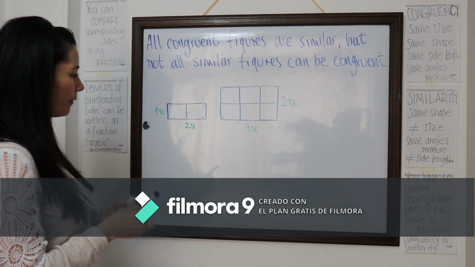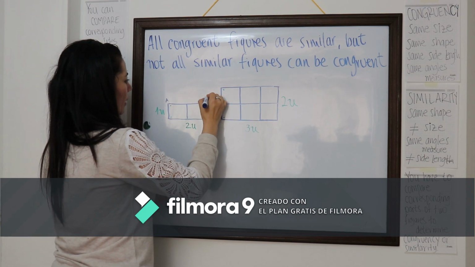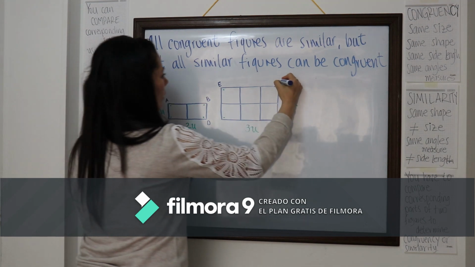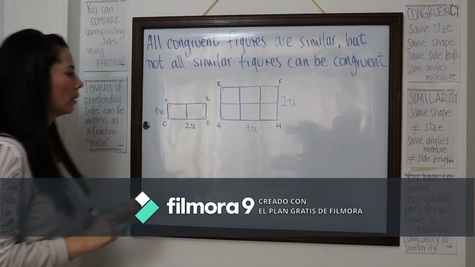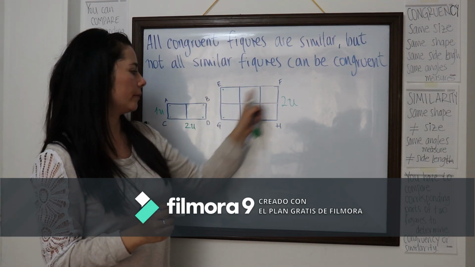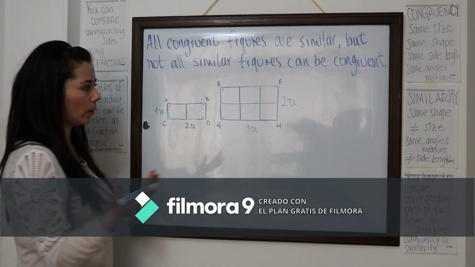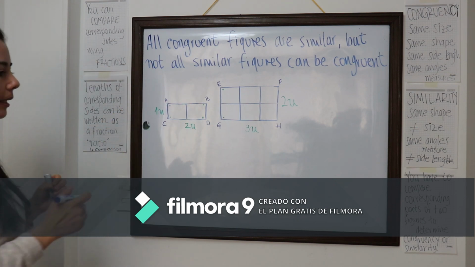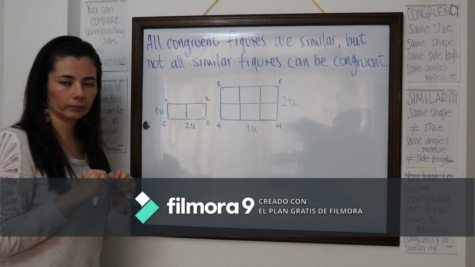So if I give these shapes names as A, B, C, D, E, F, G, and H, now we know we have rectangle ABCD and rectangle EFGH. And then corresponding parts have to be in terms of the shape of the figure, okay?